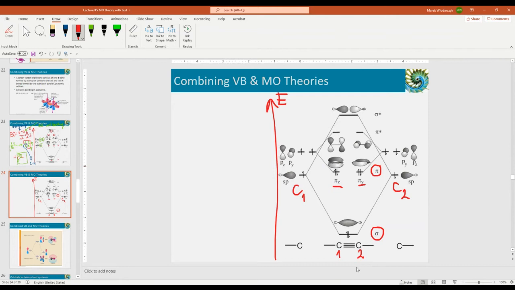So the sigma antibonding orbital is above the sigma bonding orbital, and the pi's are above too. Oh well, why can't you form the quadruple bond? So think about it this way, okay? In order for you to form the quadruple bond with the s and p orbitals, you would have to have all the p orbitals on the same plane, so they can have the side-to-side interactions between one another.